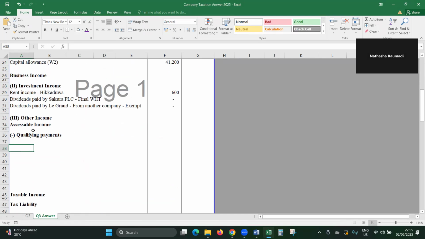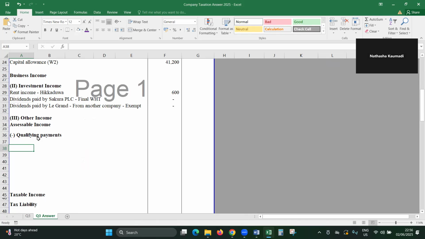Now, when it comes to qualifying payments, you have to consider whether it is an approved charity or a government related institute. If it is an approved charity, for an individual it is 1/3 of the assessable income. If it is a company, 1/5 of the assessable income. You have to compare with the minimum threshold values.